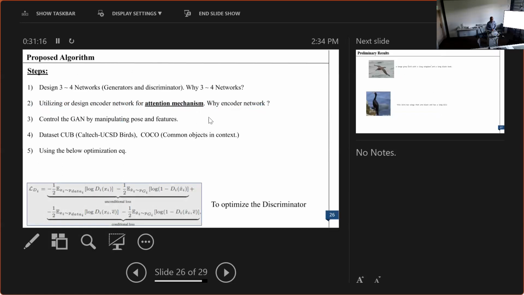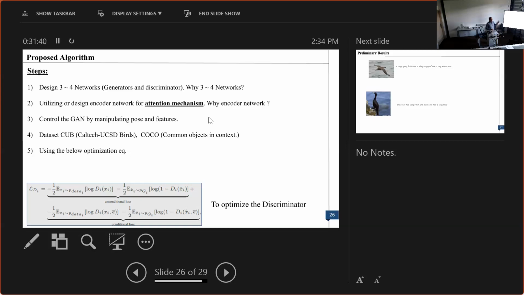I started one algorithm, but I am still evaluating it. I didn't finish it, and I made a tiny modification as well. So far I am using from 3 to 4 networks. Why from 3 to 4 networks?